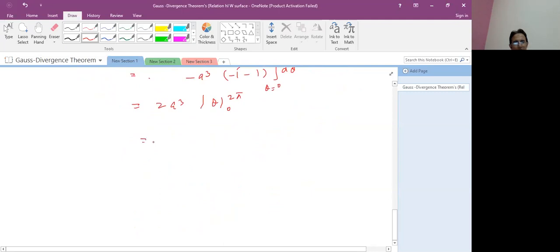So it means 2 times a cube into 2 pi minus 0, it means 4 times a cube pi.